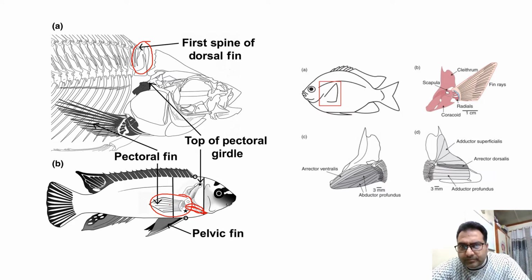We do have the coracoid, and these are the radials. We also have the abductor and adductor profundus, which help in moving the fish back and forth, left and right. These are the muscles which are responsible. So the pectorals are supported by the pectoral girdle that joins the skull.